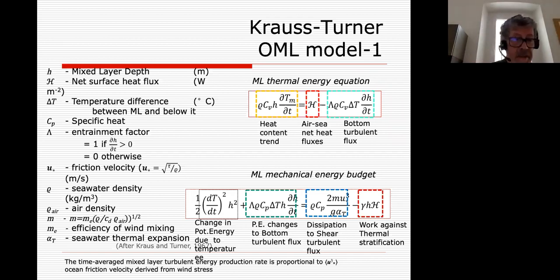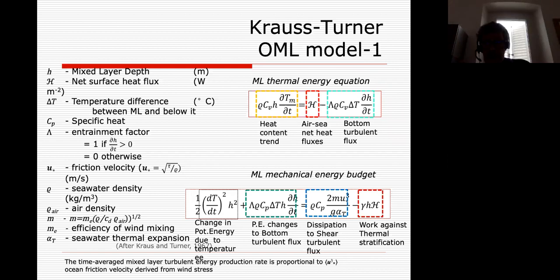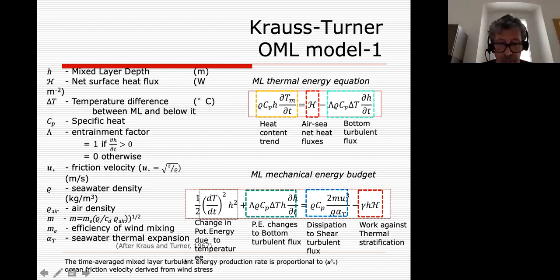In case the entrainment factor is 0, this term will be neglected. The change of potential energy is subjected to two forcings. One is the dissipation due to shear turbulent fluxes.